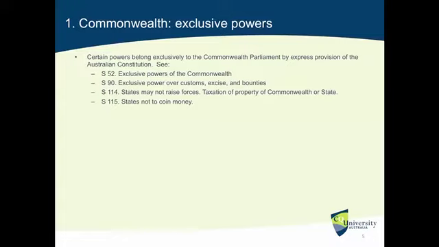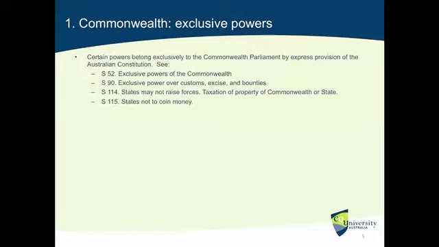In particular, Section 90 provides that the Australian Commonwealth Parliament has the power to impose duties of customs and of excise and to grant bounties on the production or export of goods, and that this is a power that is exclusive to the Australian Commonwealth Parliament.